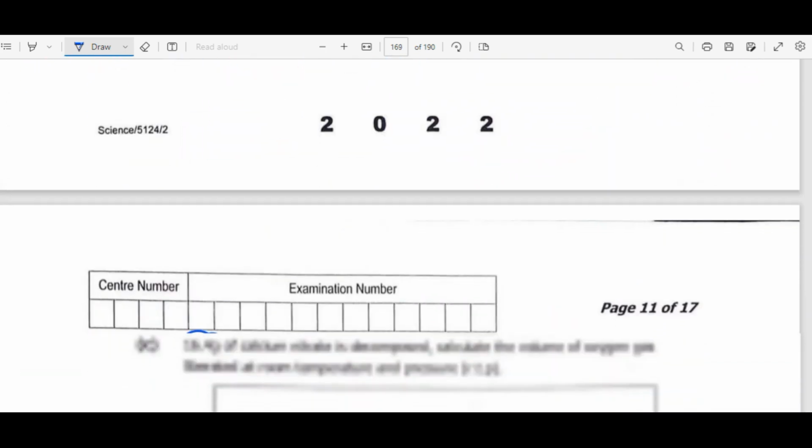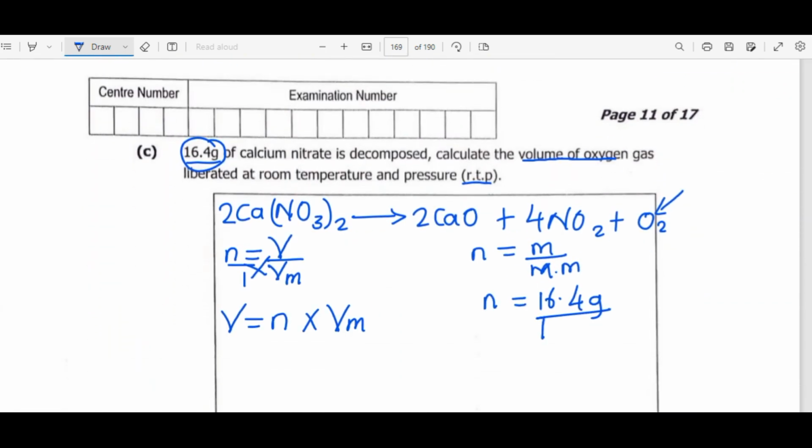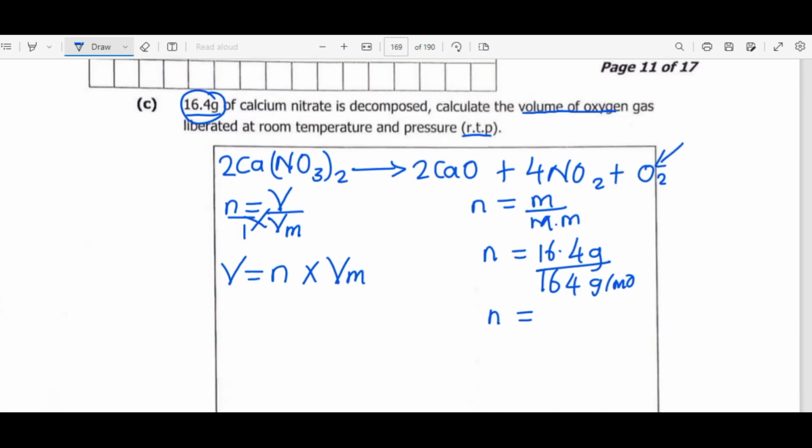So we divide by 164 grams per mole. Remember, the units for molar mass are grams per mole. So 16.4, and whenever you're dividing numbers like this, make sure you put the numbers in parentheses so that you get the correct values. So I'm getting 0.1 moles for 1 calcium nitrate.